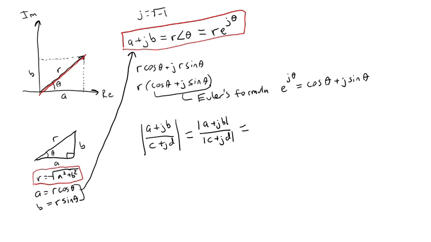I'm not going to do the proof. You can take my word for it, or I can provide a link to a proof online. But that is going to become root a squared plus b squared over root c squared plus d squared.